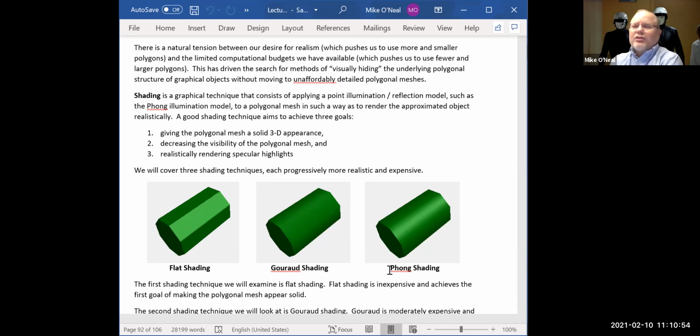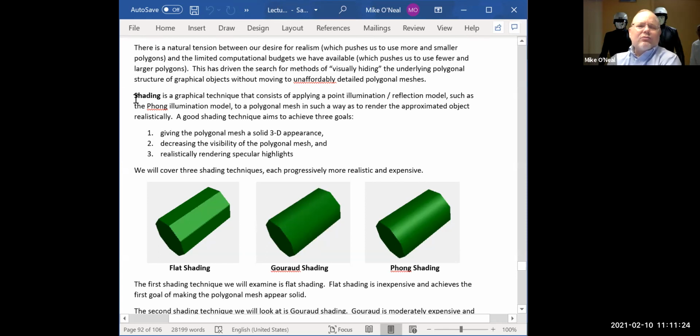Phong's illumination reflection model is what we've already studied. Applying that illumination model to a polygonal mesh is what's called Phong shading. So he did 2 things. You can do more than one thing in this world. And actually, he did those 2 things pretty early. The poor guy died. I think he had leukemia in his early 30s. So for a computer scientist, that's right at the beginning of your career, pretty much. Pretty sad.